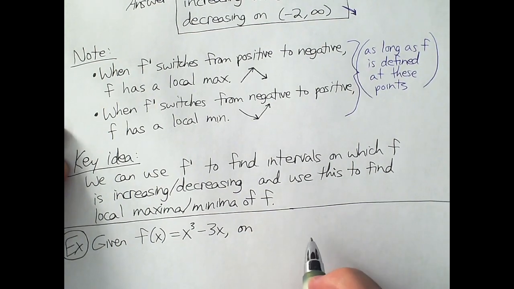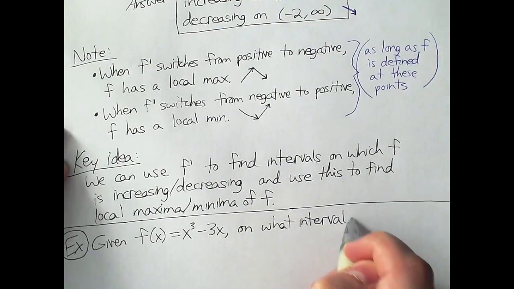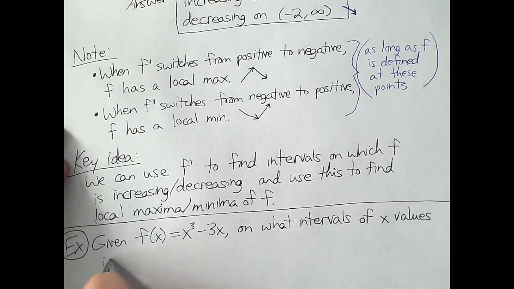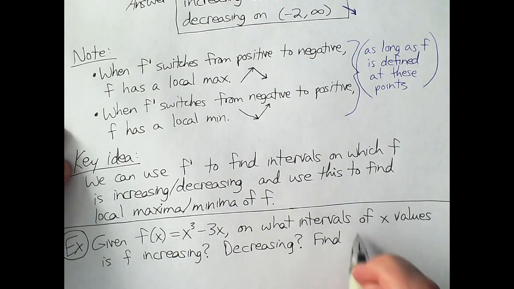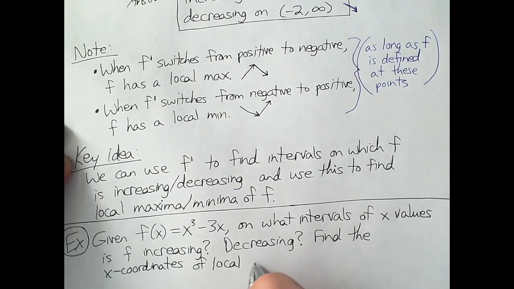All right, given this function, on what intervals of x values is f increasing, decreasing, and then it's also going to say find the x coordinates of local maxima and minima.